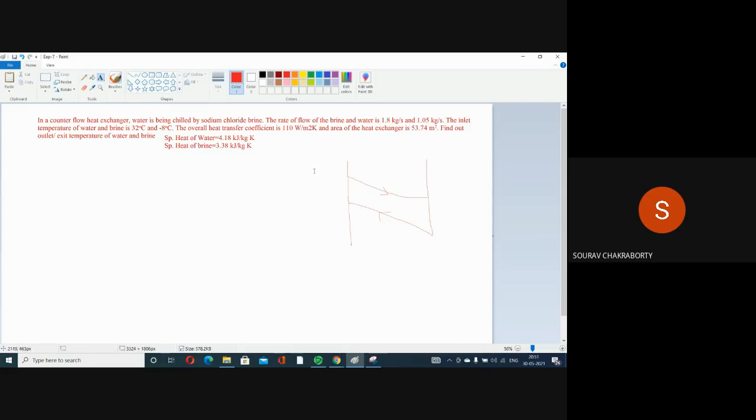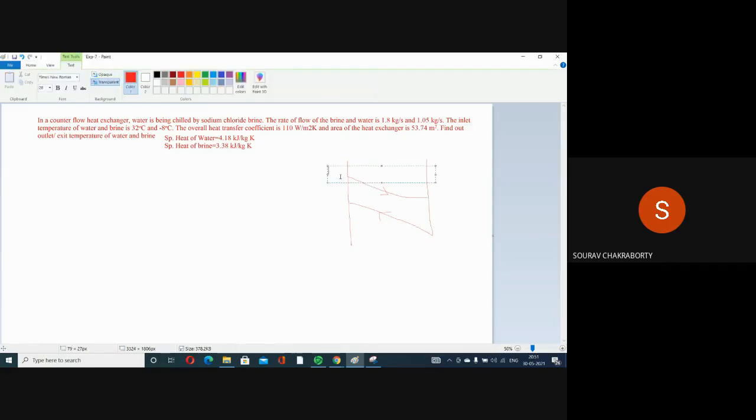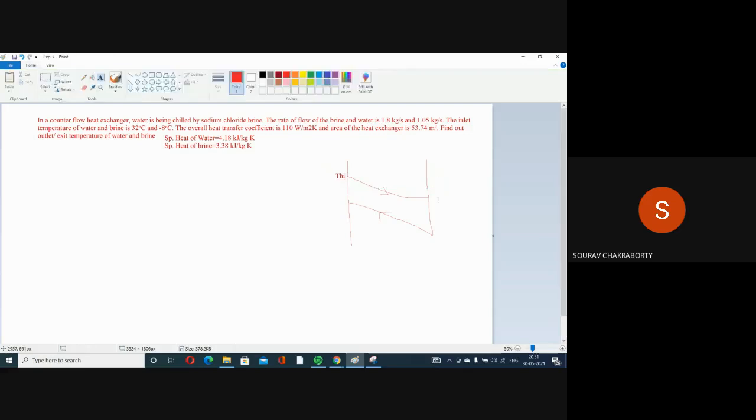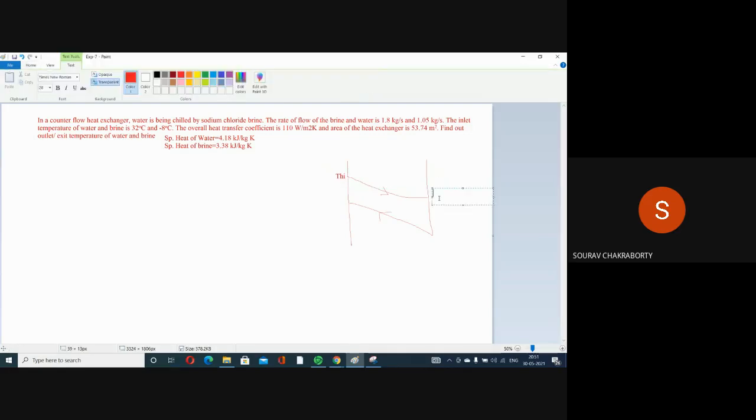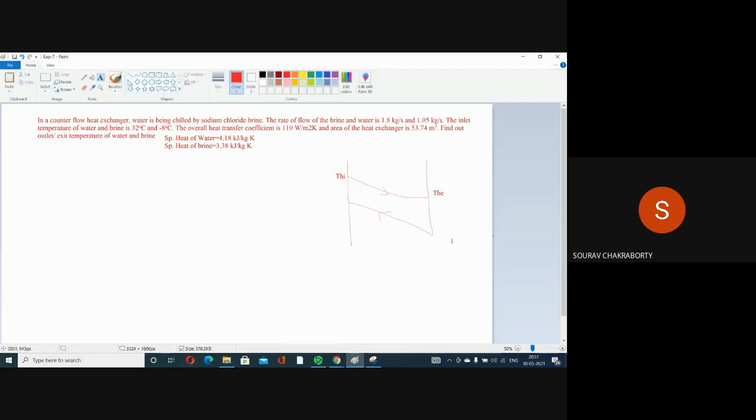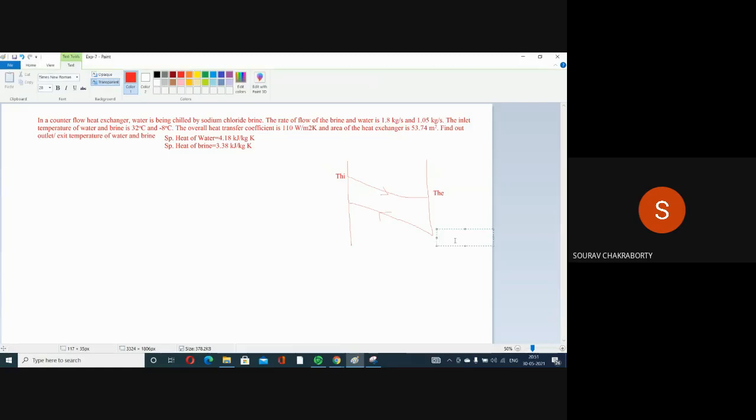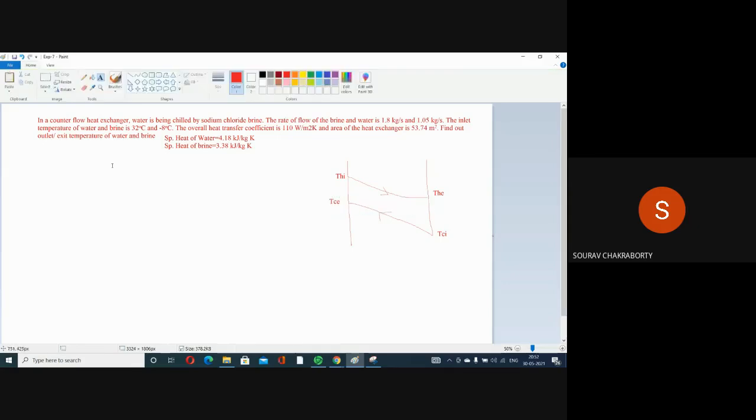Let me write down: here it will be THI, and here THE. Then here it will be TCI and TCE. So we have counter flow.